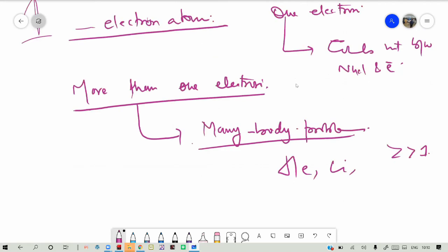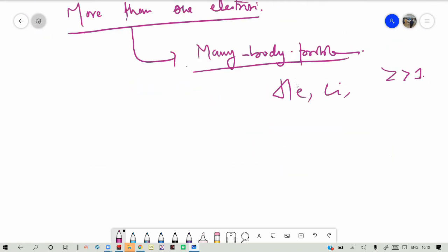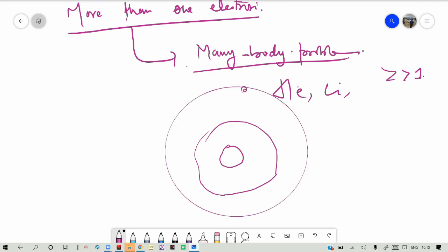In that case, we have to take different interactions into account, because there is more than one electron now. If this is a nucleus, you have electrons here, for example. In an atom, these are not in definite paths.